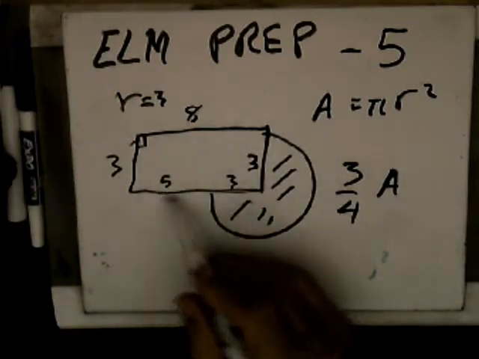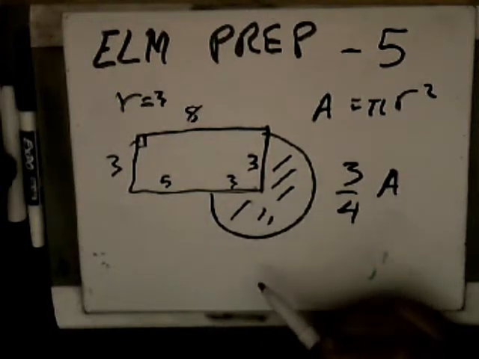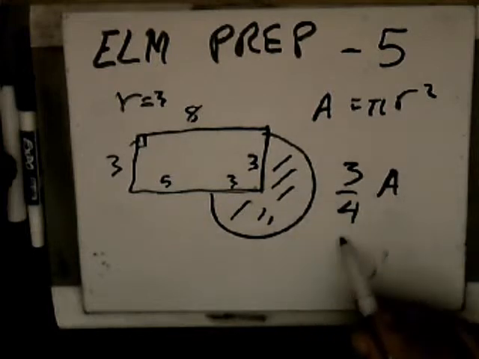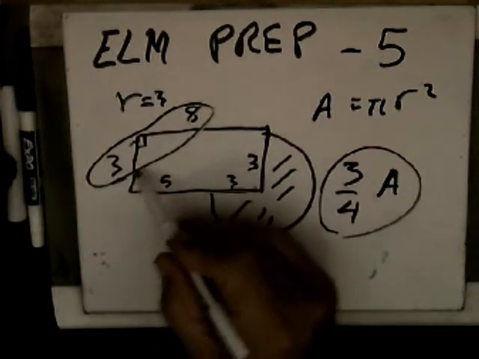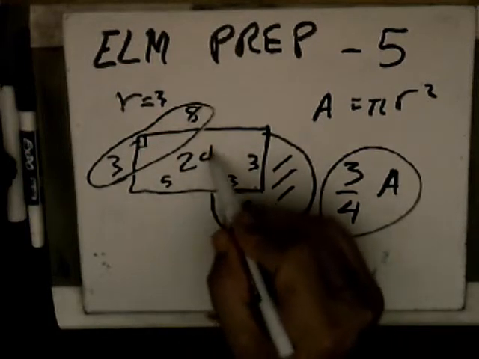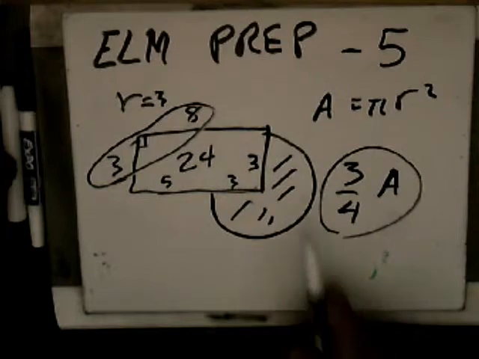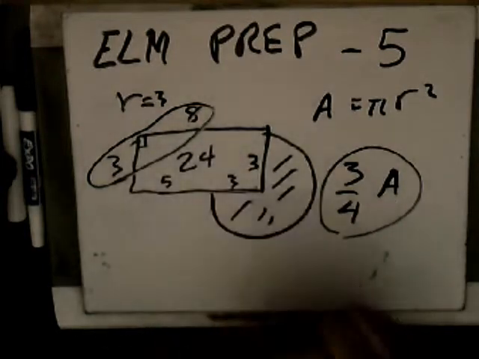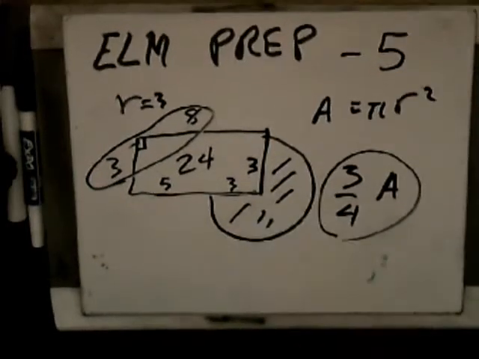If I were going out around it, I wouldn't use these two here in perimeter, but if I were adding area, I would take 3/4 of the area of a circle plus the area of this rectangle, which would be 3 times 8, which would be 24. So you just have to look at these logically, look at what they're giving you, break it up into parts, take the area of one part and the area of the other, and add it together.